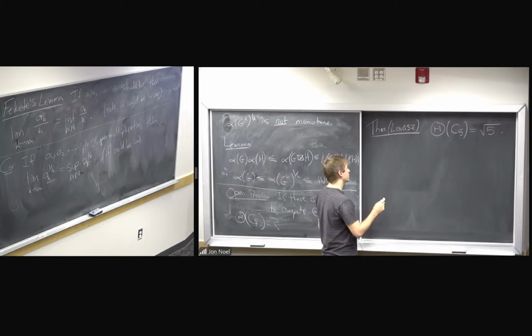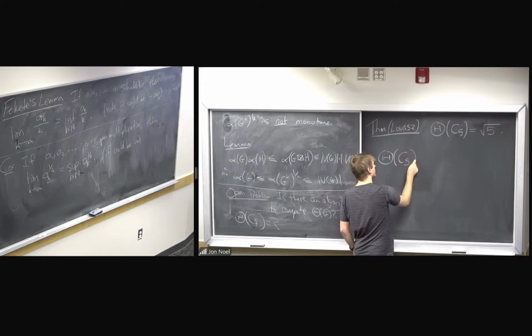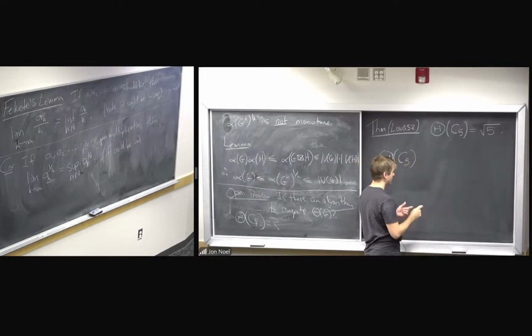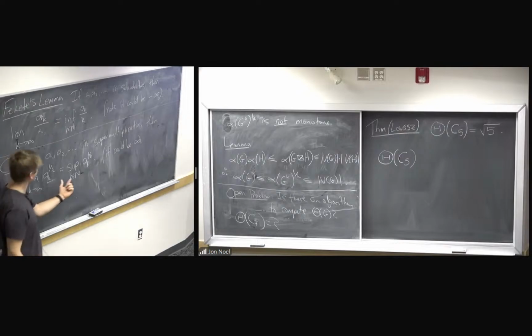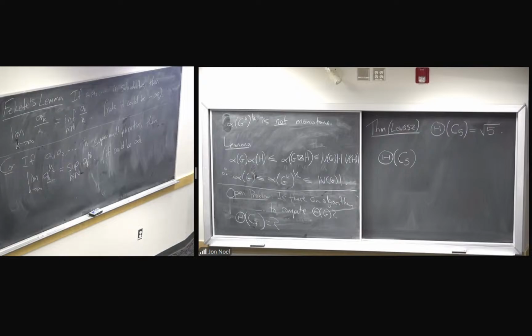To prove the lower bound is the easy part. The Shannon capacity is, by Fekete's lemma, the supremum over all of these things, because Fekete's lemma gives us this very specific value for the limit. So if I just plug in, for example, k equals 2, that gives me a lower bound on the Shannon capacity, because the limit is the supremum.